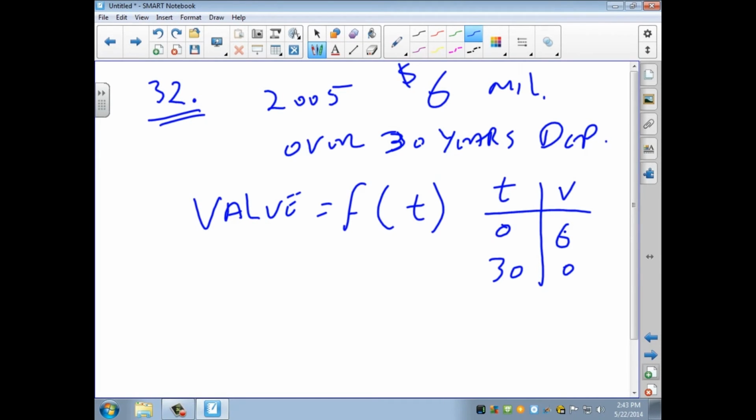Now, I can go ahead and calculate m and then plug it in the formula like we did in the previous problem and solve it that way.